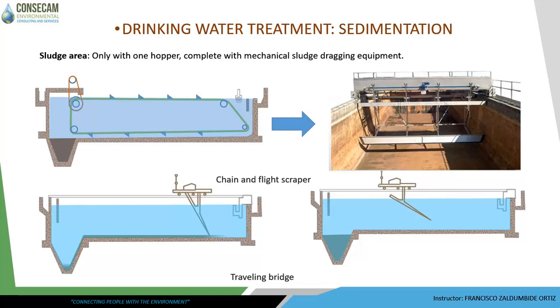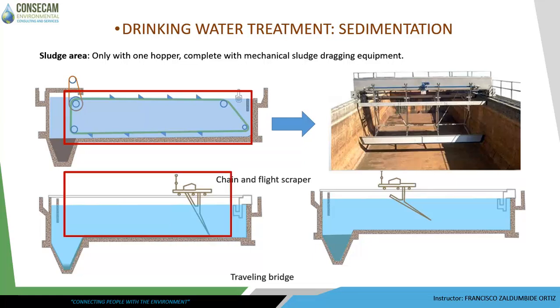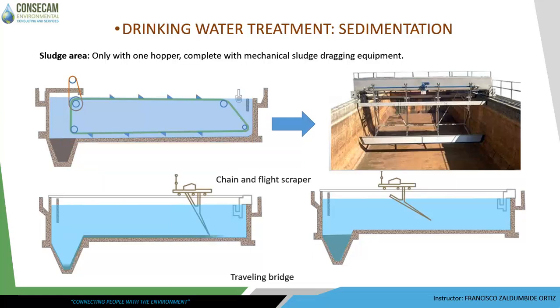If the sludge zone has only one collection hopper, it is necessary to supplement it with mechanical sludge scraping equipment. Consequently, there will be equipment with chain and flight scraper and also a traveling bridge. The novelty of this scraper lies in the fact that the scrapers during the lower stroke drag the sludge towards the collection hopper, while during the upper stroke they drag the floating substances towards a lateral trough.